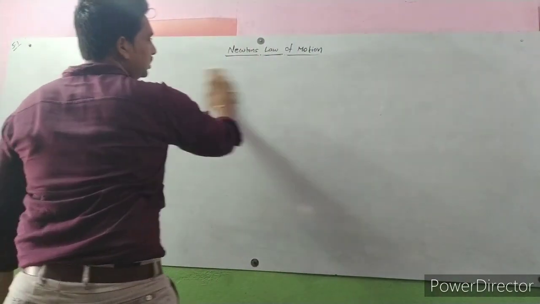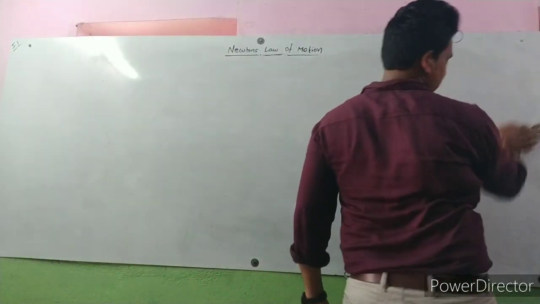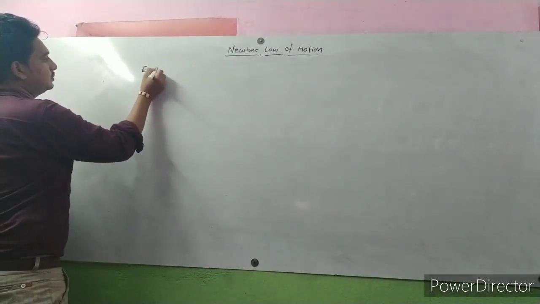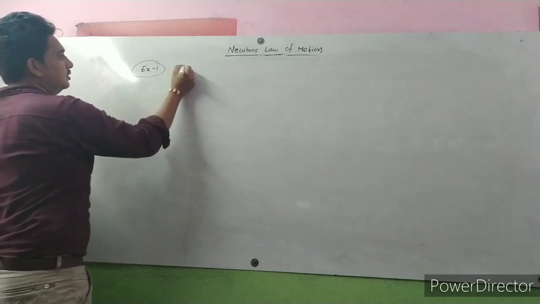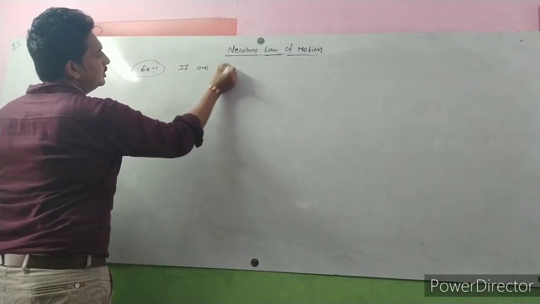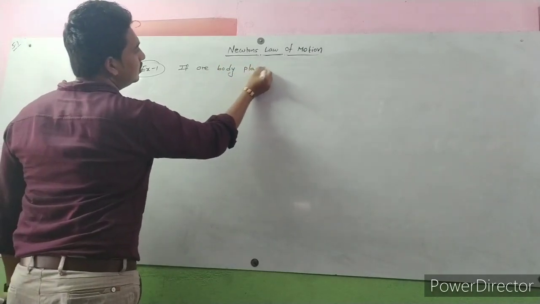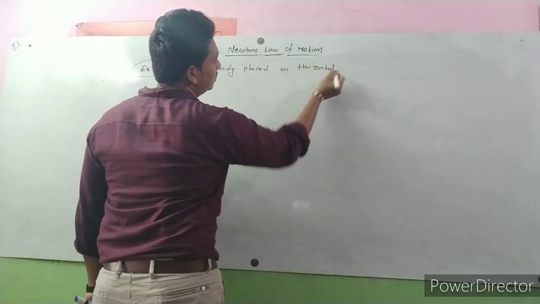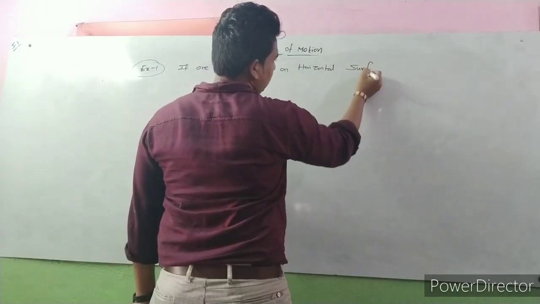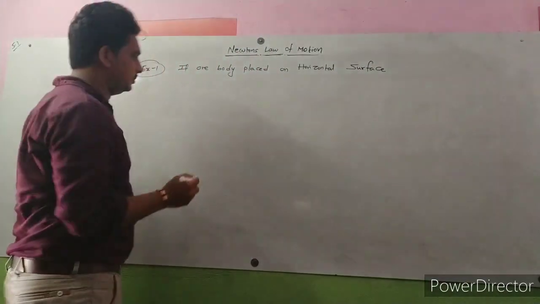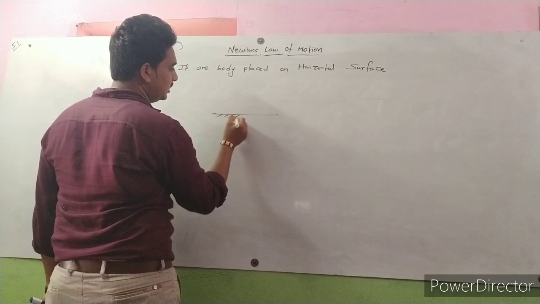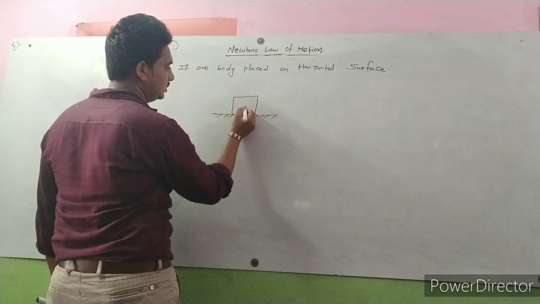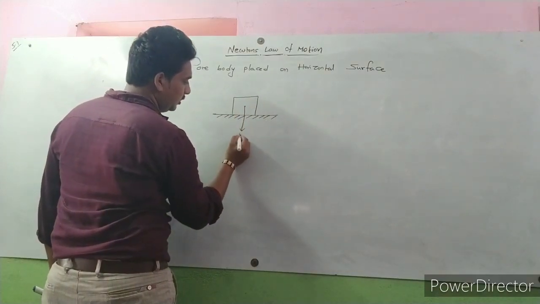Example 1: if one body is placed on a horizontal surface, this is the surface I consider, and this is the body we are placing. This is the weight mg.